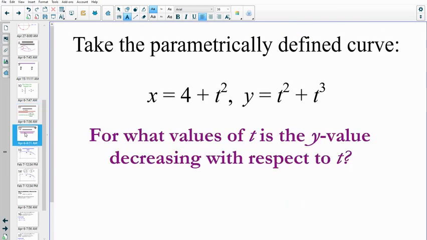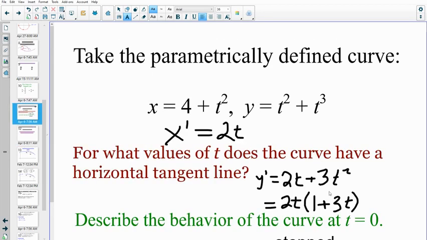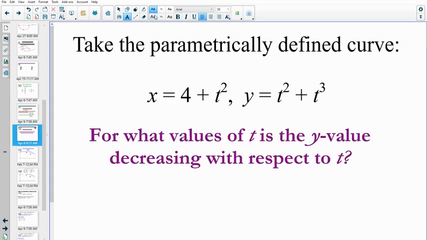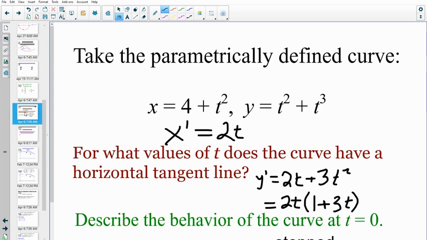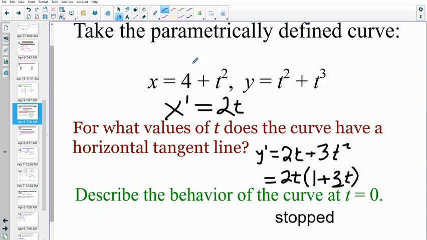And then finally, for what values of t is the y value decreasing? Well, that's going to happen when dy/dt is negative. So if I look at what my dy/dt looks like, let's see, y prime was, did I make a mistake? Oh, sorry. When I factored a 2 out of this, I'm sure someone was yelling at their computer screen.